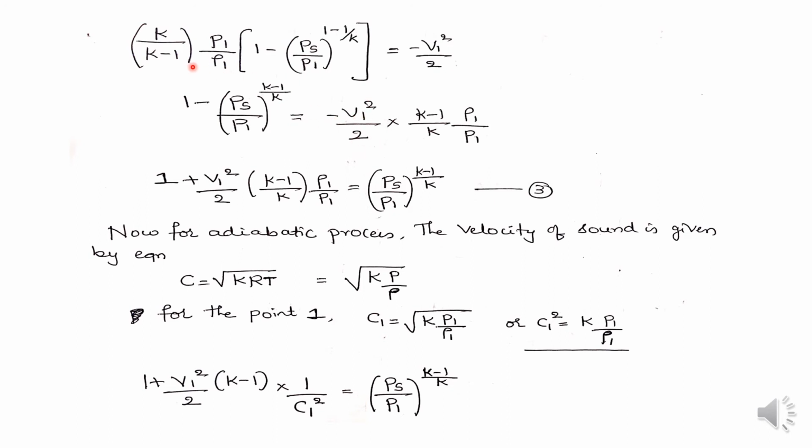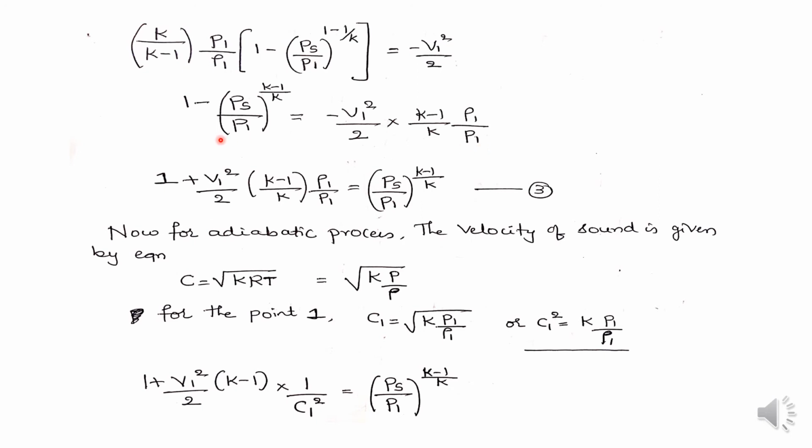If I shift this entire term to this side, then this will be k minus 1 divided by k into rho 1 divided by p1, because if I take this equation separately, this equation will be equal to this equation divided by this equation, then definitely these will be the terms.